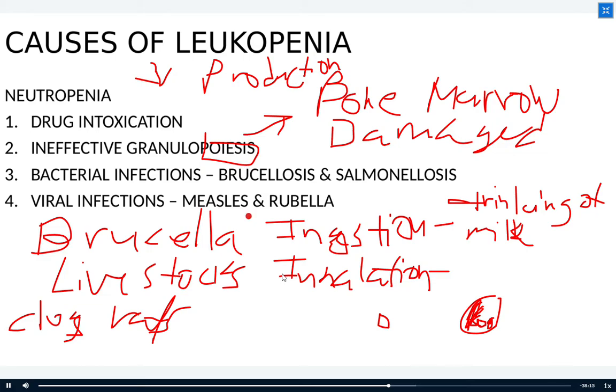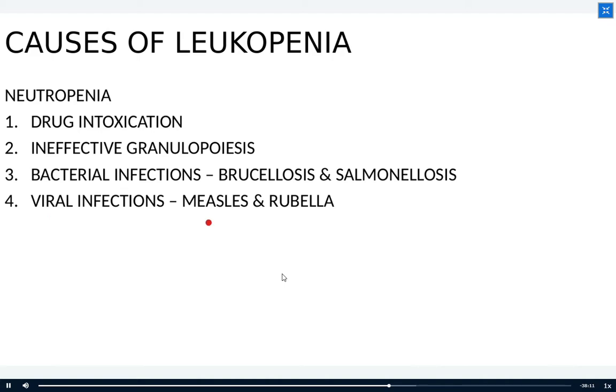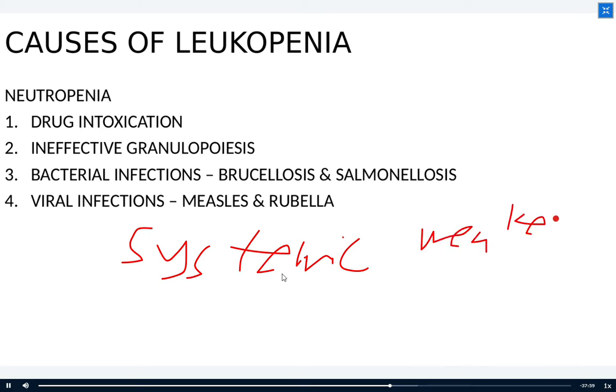your neutrophil count decrease. Another one would be viral infections, measles and rubella. So, if you have measles and rubella, this is a systemic infection that weakens your immune system. So, if your immune system is weakened, you will have low WBC count.